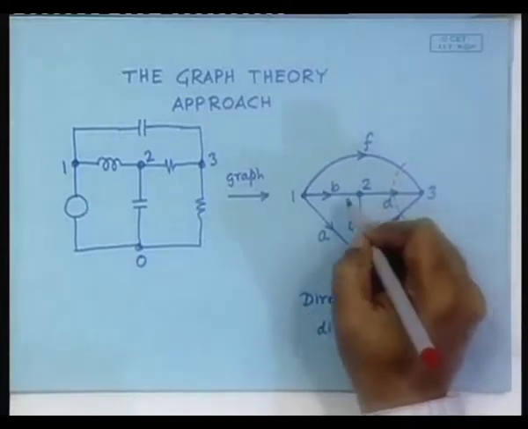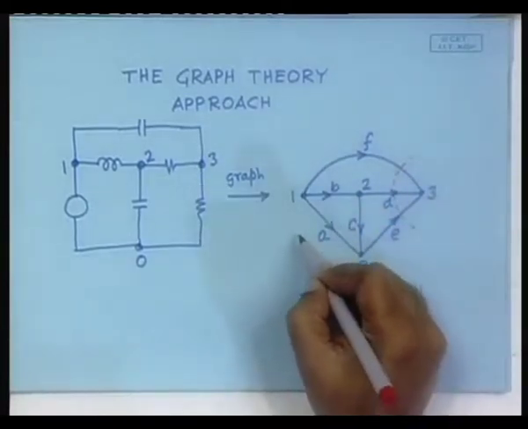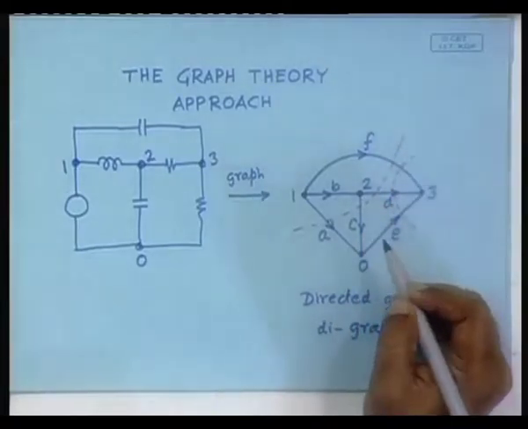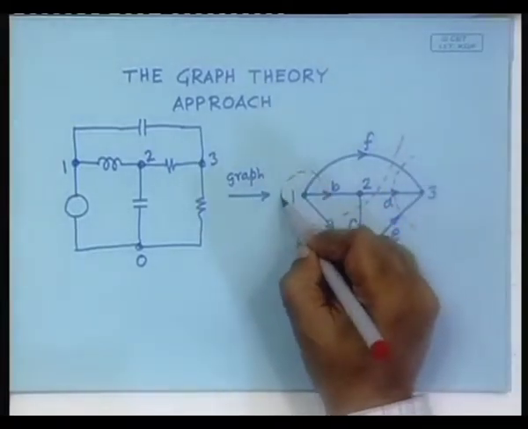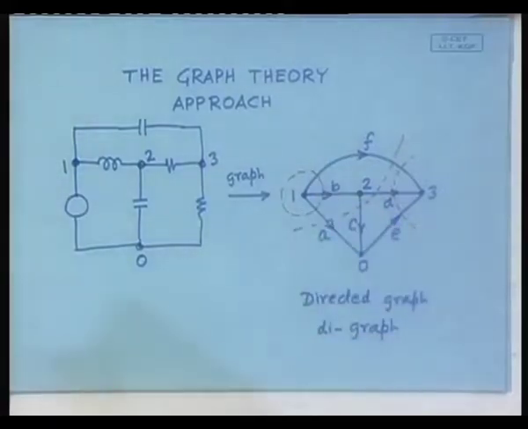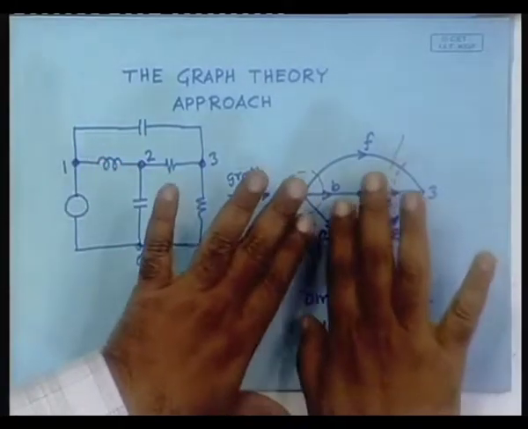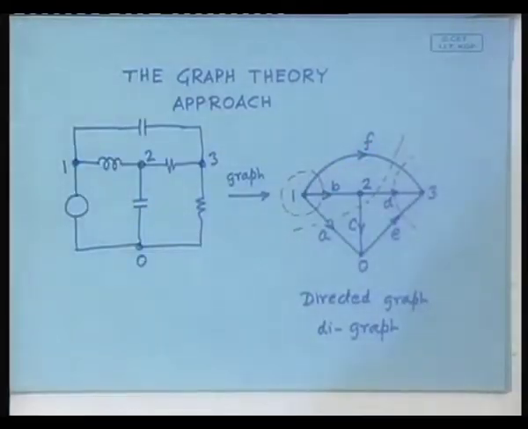You can cut it like this. Right? You can cut it like this. Cut it in such a way that the graph becomes divided into two disjointed parts.